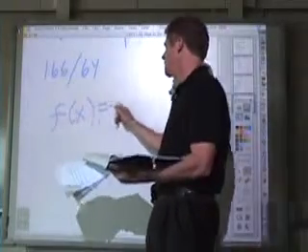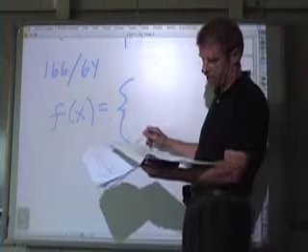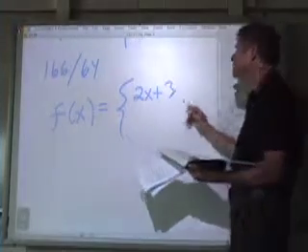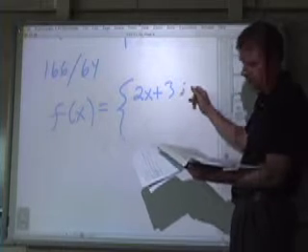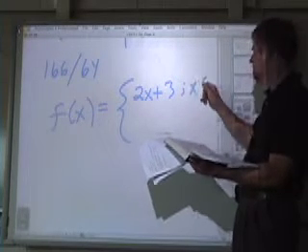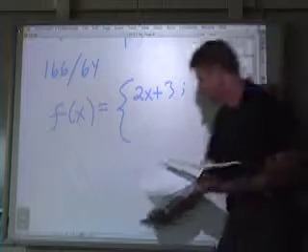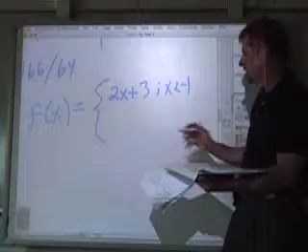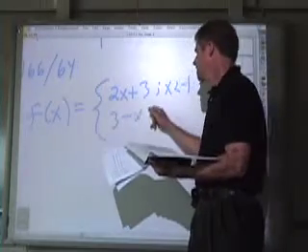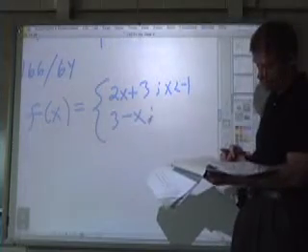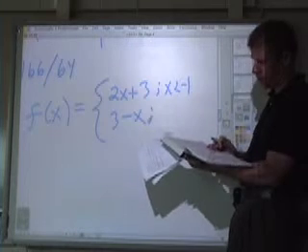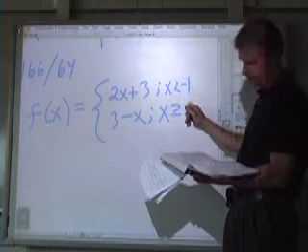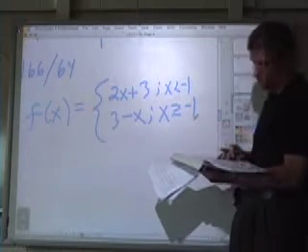The definition for this piecewise function is 2x plus 3 in the event that x is less than -1. And the rule is 3 minus x in the event that x is greater than or equal to -1.